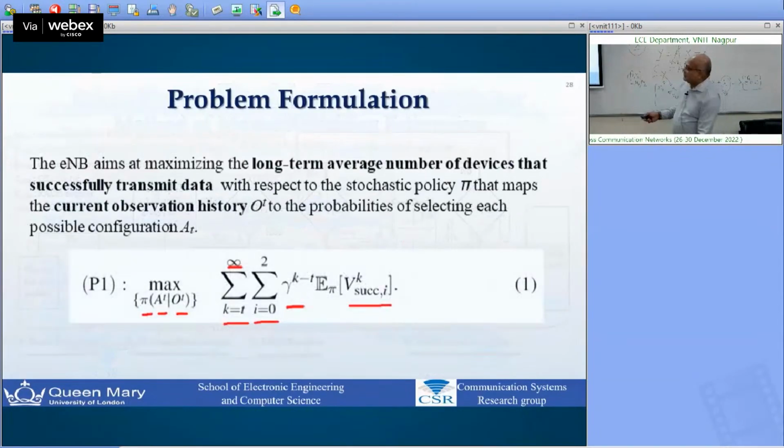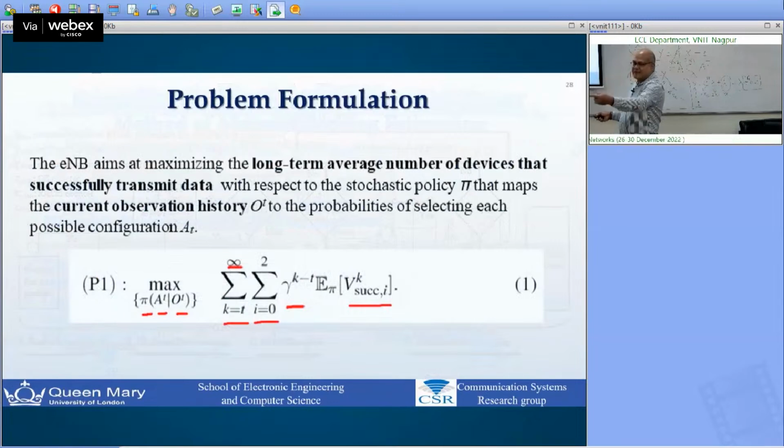here the problem is, we are going to have a set of actions. This is the observation. This pi is the policy. What is meant by policy is, at a particular state, the probability to take a particular action. That is called policy. At a particular state, what is the probability to take action 1?